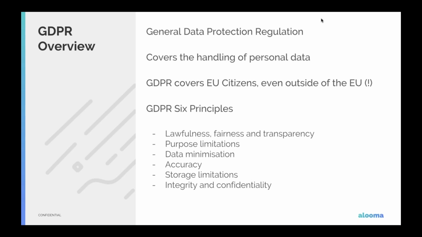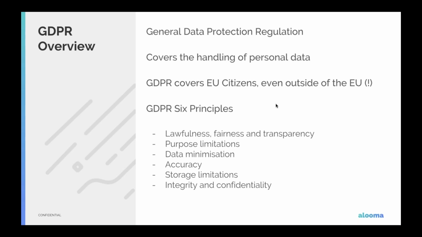GDPR has 6 principles, which are outlined here. We need to make sure that we are transparent about which data we store, and that we let our users know and agree to us storing data in a very clear way. The purposes for which we store data are limited. We have to minimize the personal data footprint that we store.